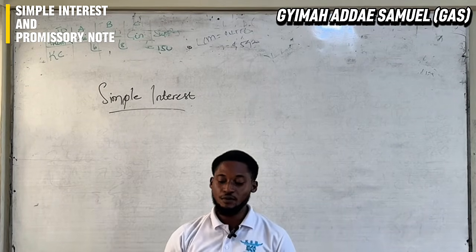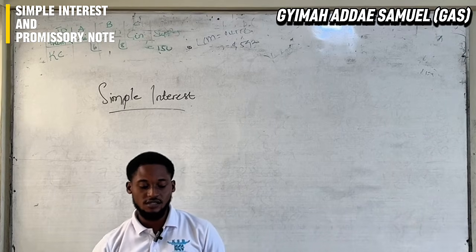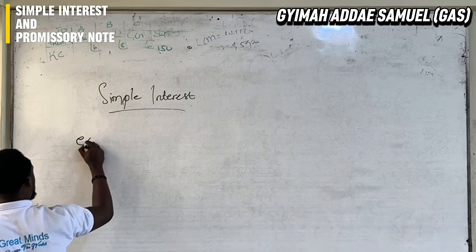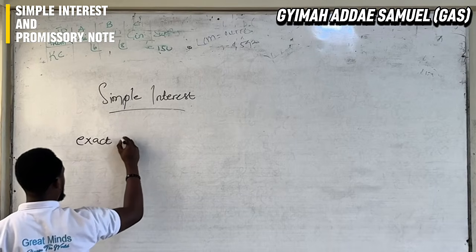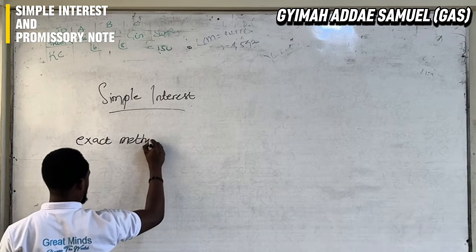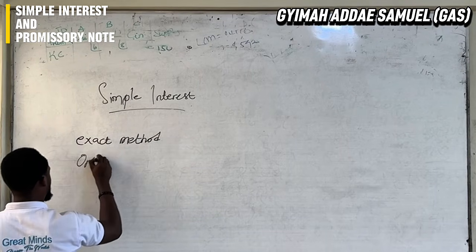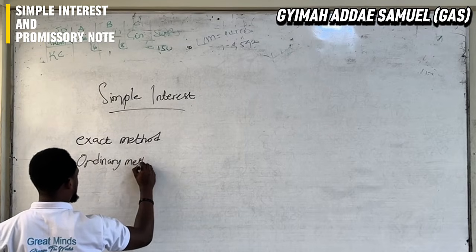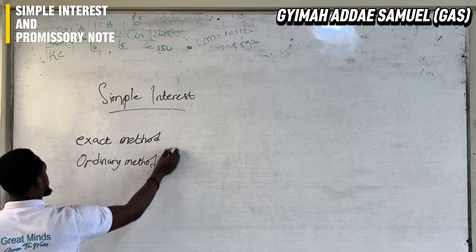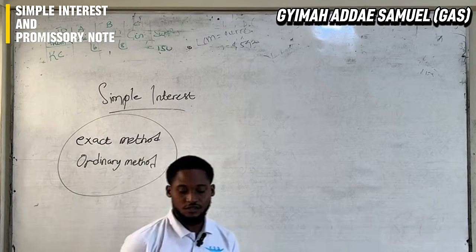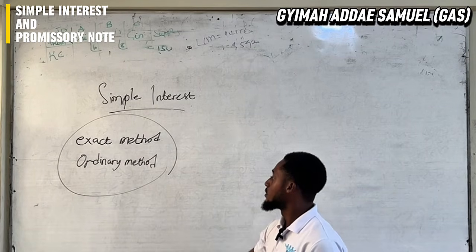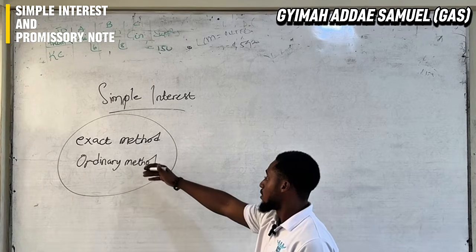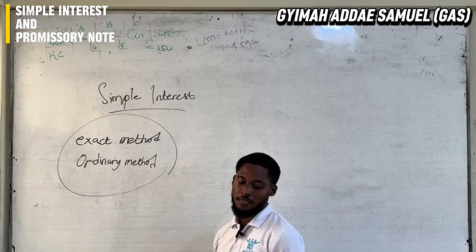Simple interest is computed using two methods, which are the exact method and the ordinary method.